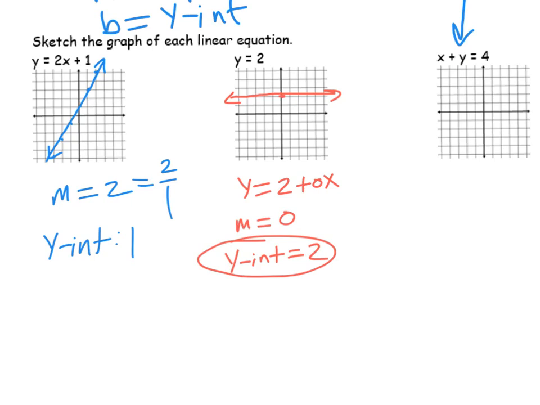All right, with x plus y equals 4, the very first thing I would do is subtract x, right? Get it solved for y, and you're in slope-intercept form, and then I can see, all right, m, or my slope, is -1, and then my y-intercept is 4. Okay, and once I've got those two pieces, we are good to go.